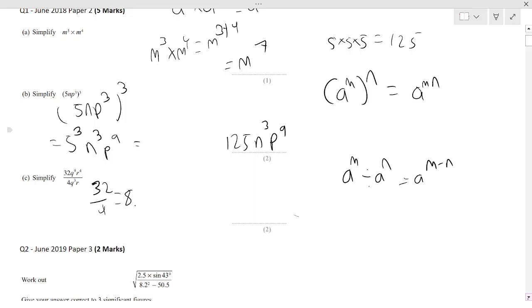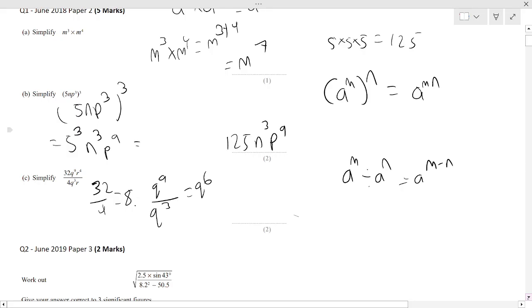Then we have q to the 9 divided by q to the 3, so that's q to the 9 minus 3, which will be q to the 6. So you subtract the powers.